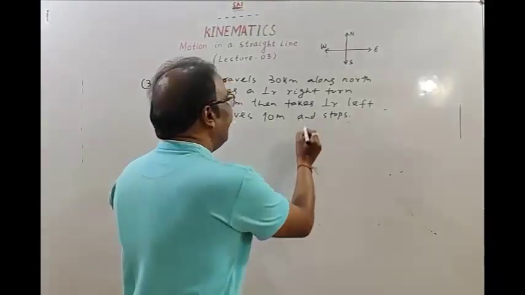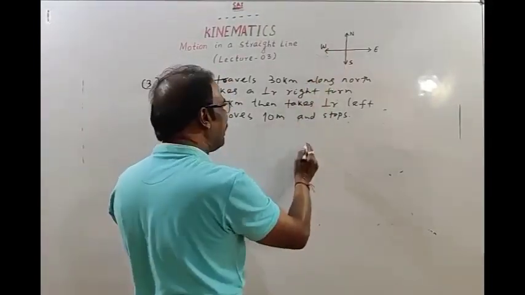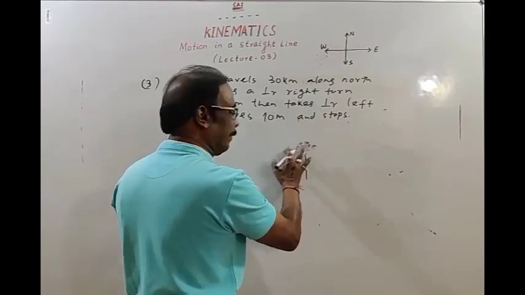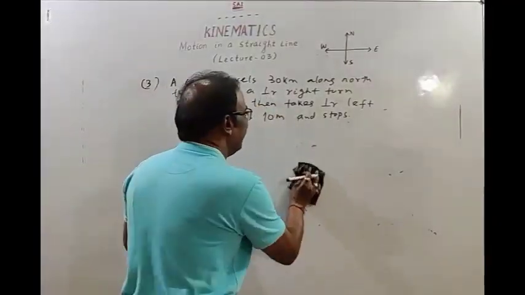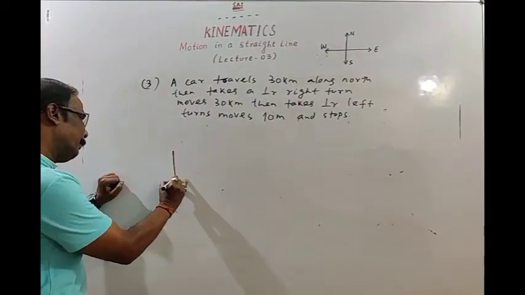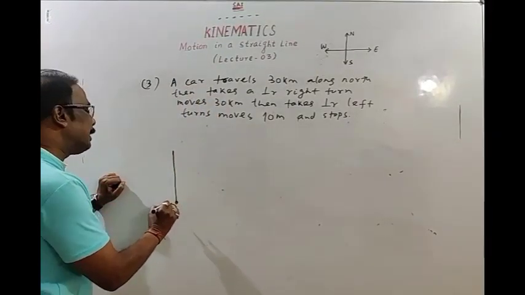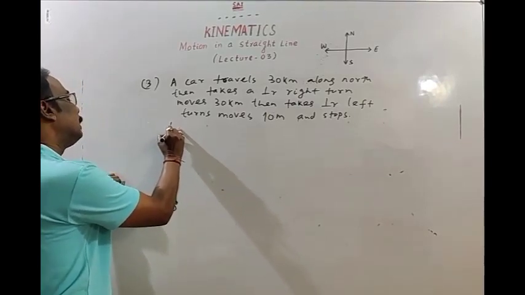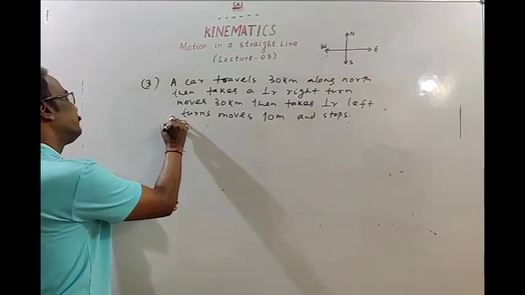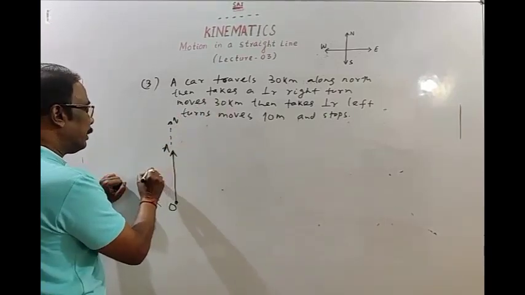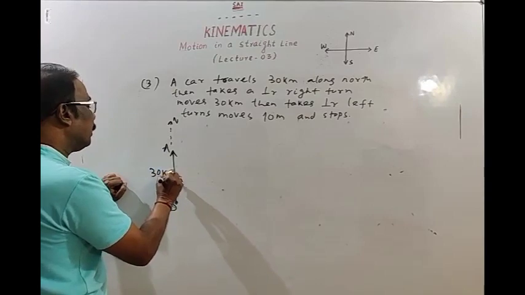Okay. Let's represent the directions we have taken. Let the car start from O. Okay, the initial point is O. It travels along north. Displacement OA means 30 kilometers along north.